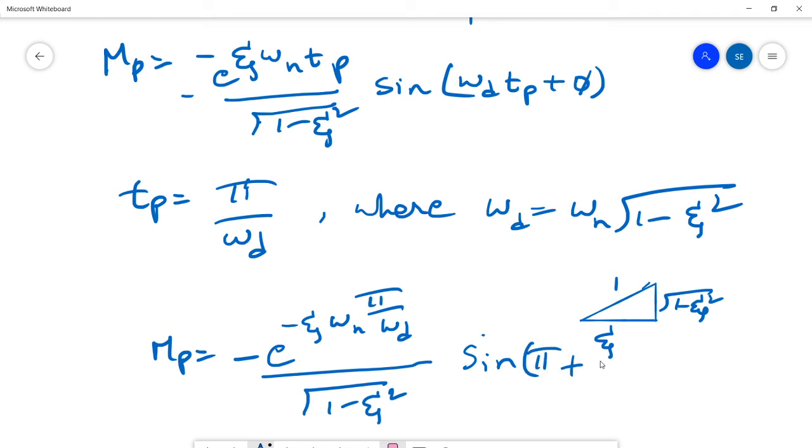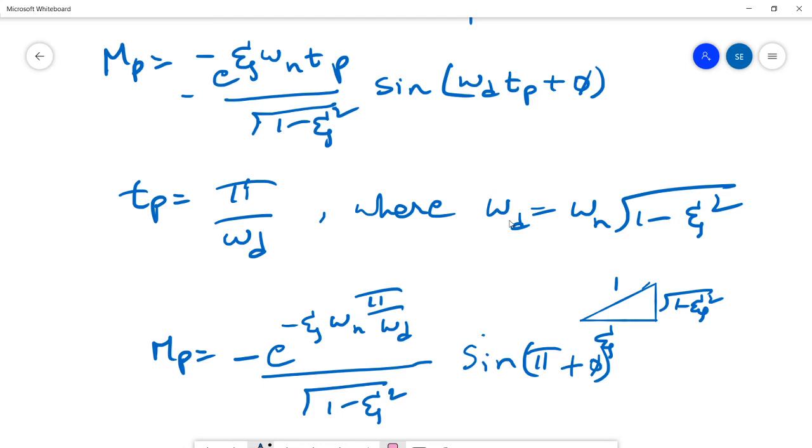Or else, from this Tp, if you observe, omega d into Tp is equal to pi, right? So I can make it that way.